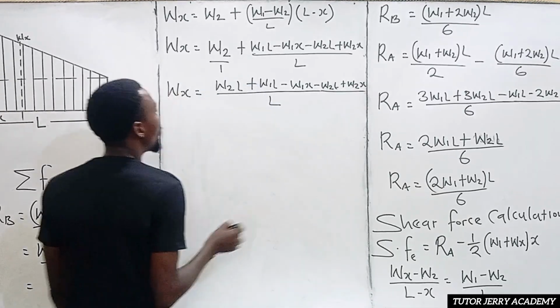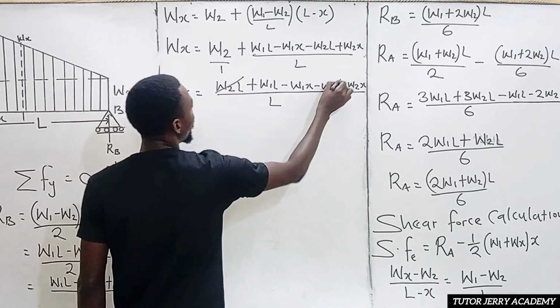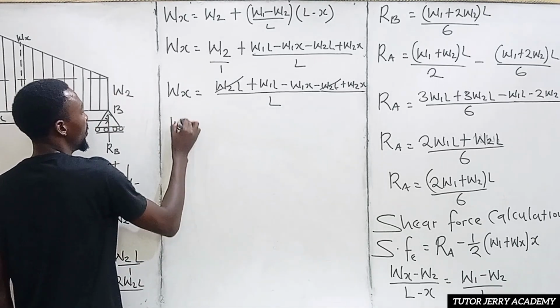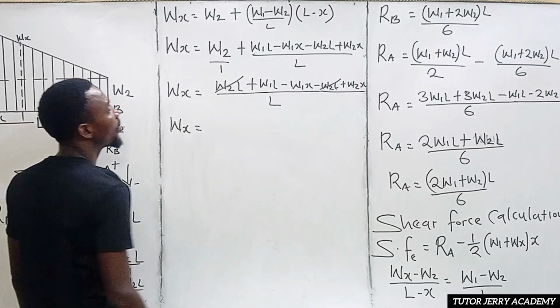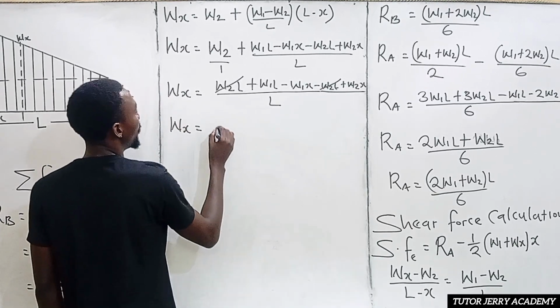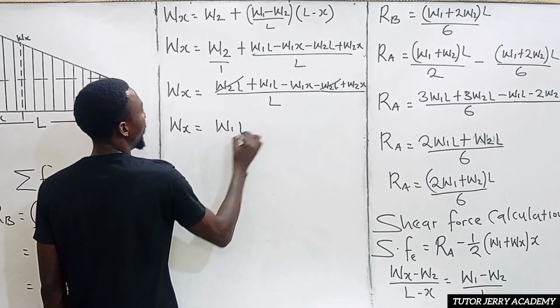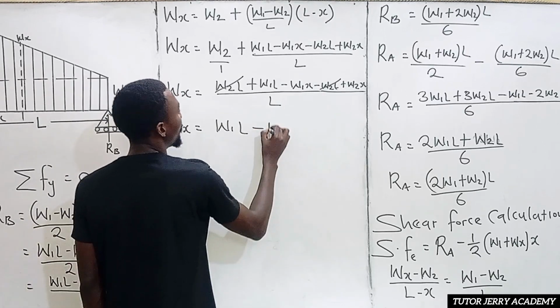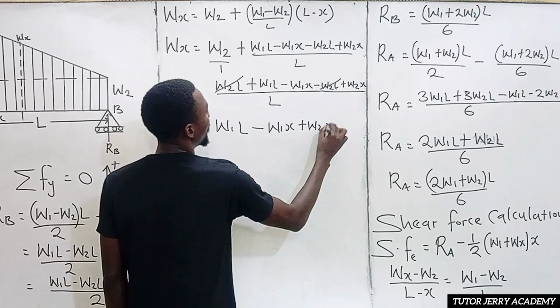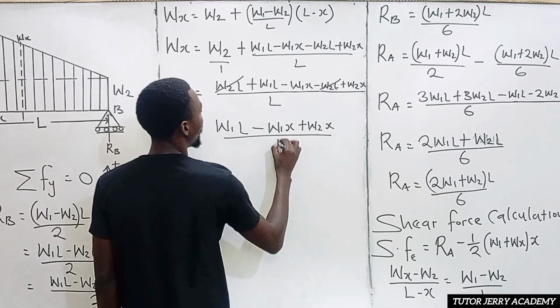All right. So if you look at this, the W2L terms cancel. Then we'll be left with WS equal to W1L minus W1S plus W2S all over L.